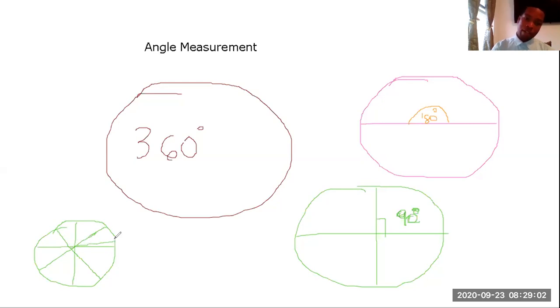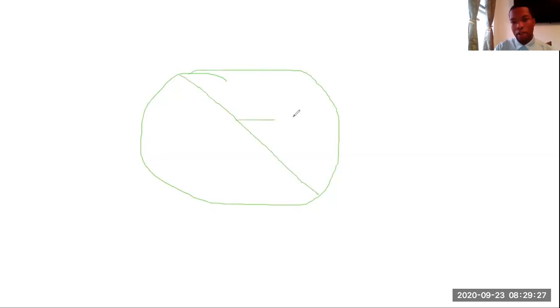All I want us to get from this is that 1 degree, 360 times, makes up the full circle, and it all depends on how much you go. For example, if I want to get this angle right here, and let's say this is n, then this is n degrees. However much you go by, that's the amount of degrees it's at.